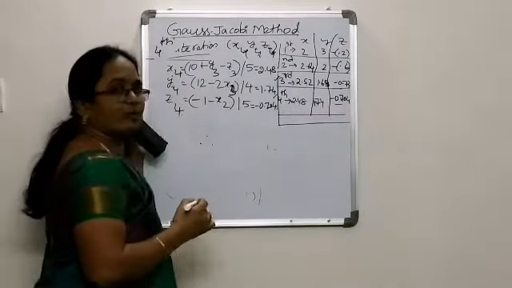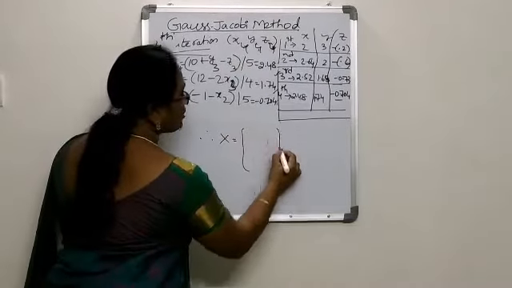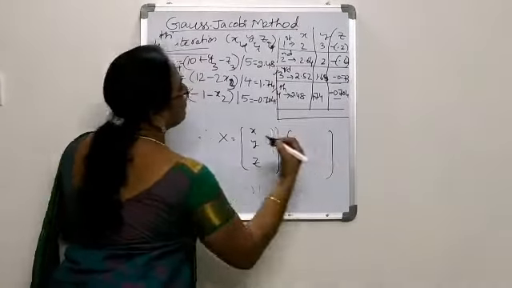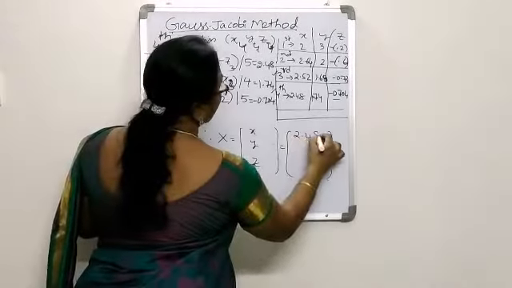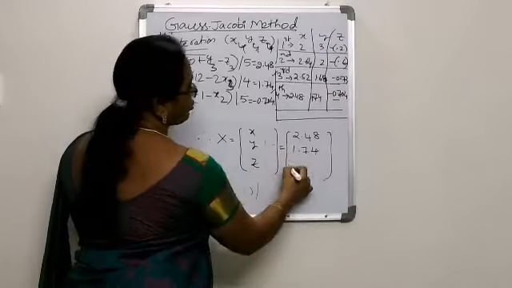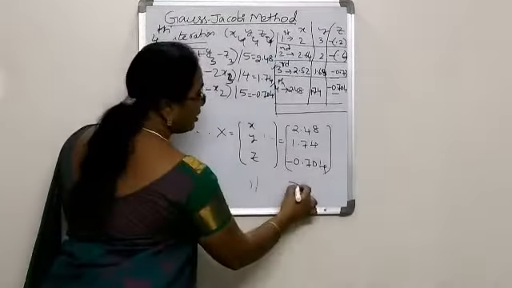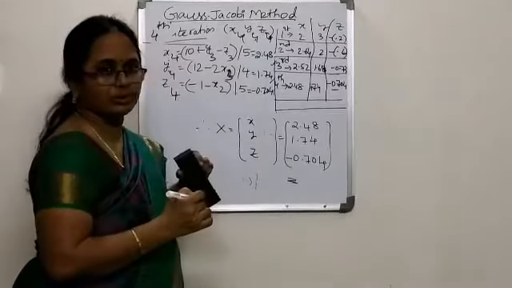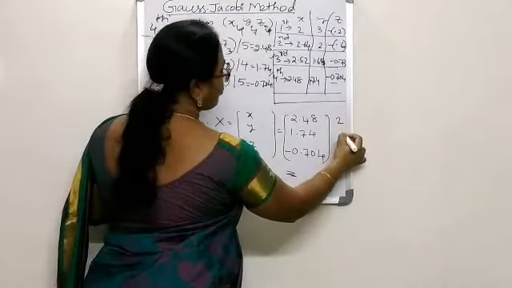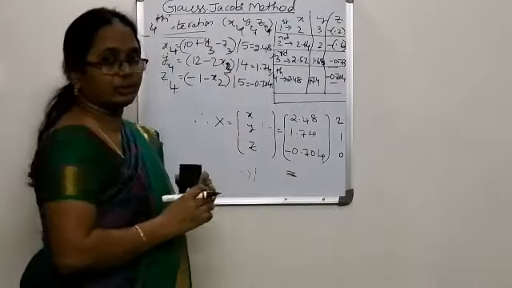Therefore, we stop our process of iterations and conclude here that the required approximate solution of the given system is x equal to 2.48, y equal to 1.74 and z equal to minus 0.704. Note that this is only an approximate solution, right? When this is rounded to integral values, we get 2, 1, 0, which is going to be our exact solution to the system.